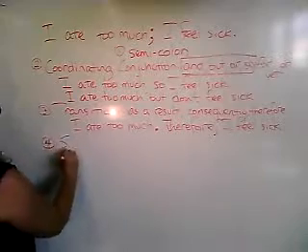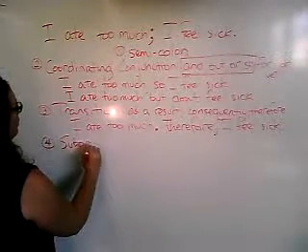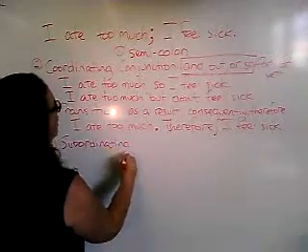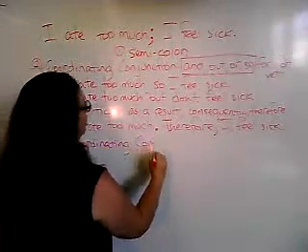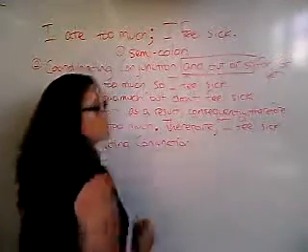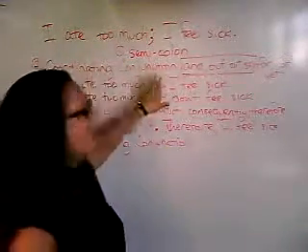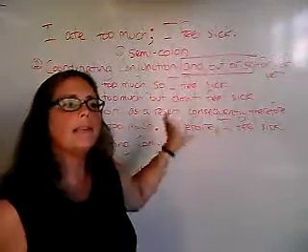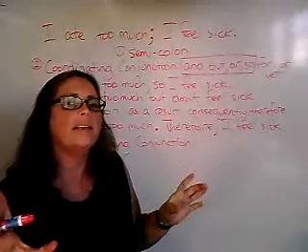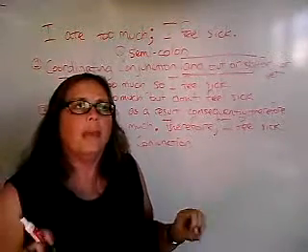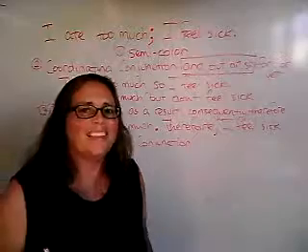And the fourth would be a subordinating conjunction. This is quite different from a coordinating conjunction. Coordinating conjunctions put two ideas together, but both ideas are equal in value in the sentence.